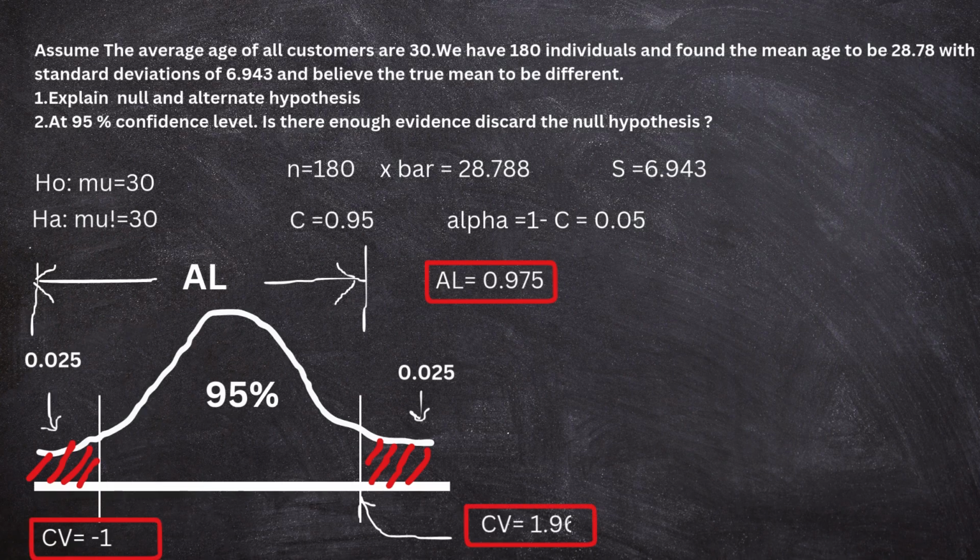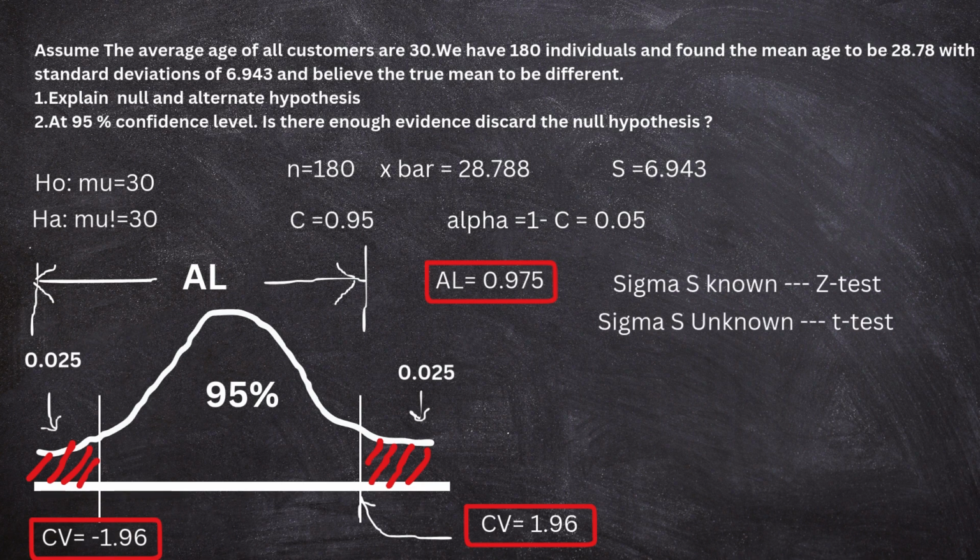These z-values are known as critical values. Due to symmetry, the other z-value on the left is going to be negative 1.96. Based on the traditional method, we need to compare these critical values with the calculated z-value that we are going to get from the test statistic. Now, which test method do we have to use for this problem?